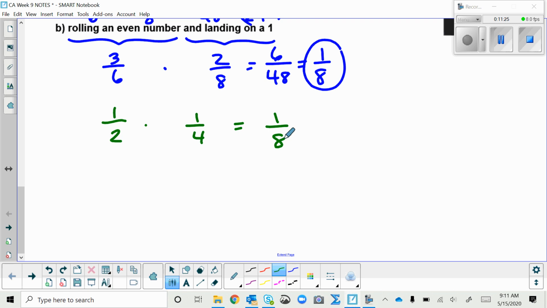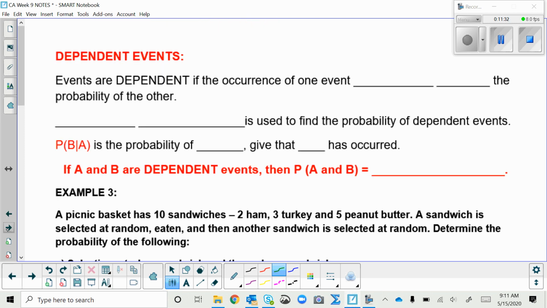Now we're going to talk about dependent events. So this is the back. Where independent events did not affect the probability of the other, dependent events absolutely do. So events are dependent if the occurrence of one event does affect the probability of the other.